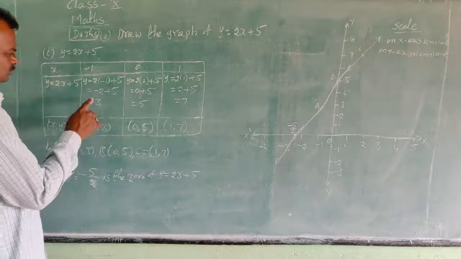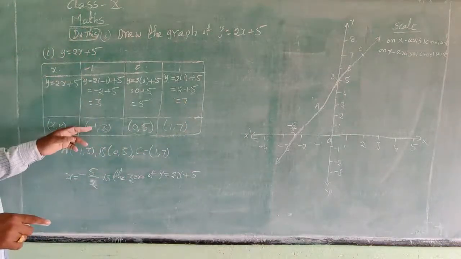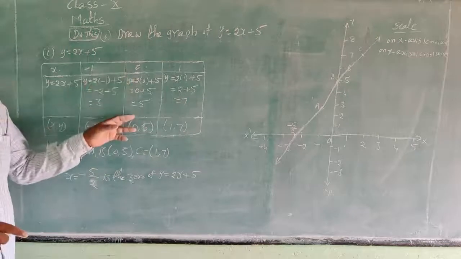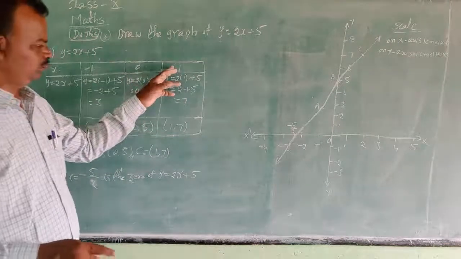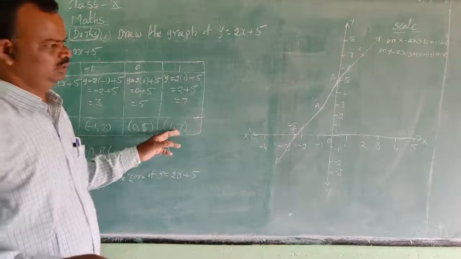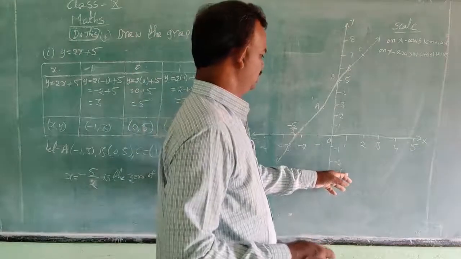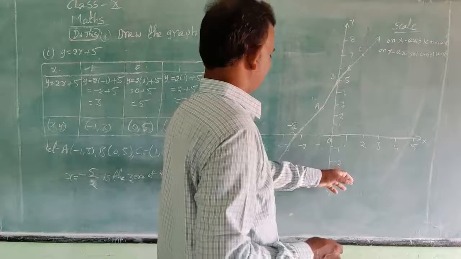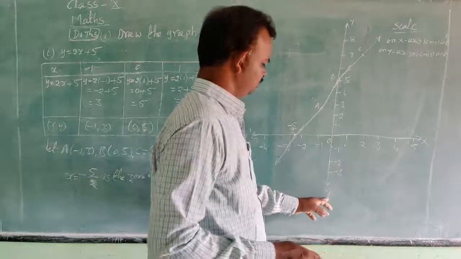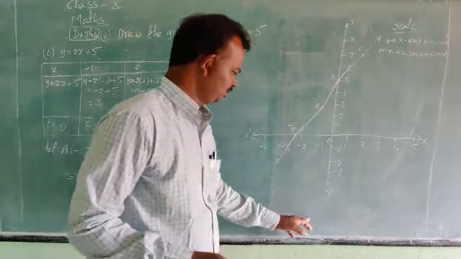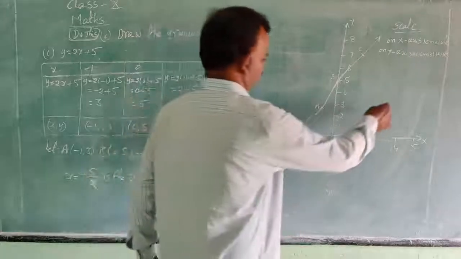The points are minus 1 comma minus 7, 0 comma minus 5 and 1 comma minus 3.